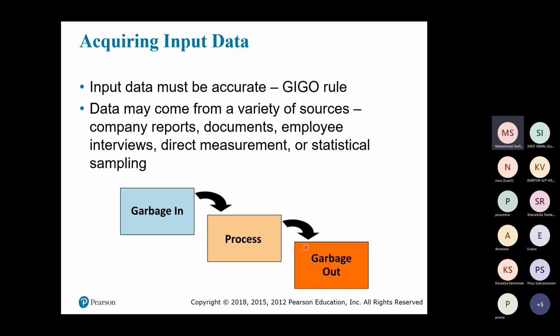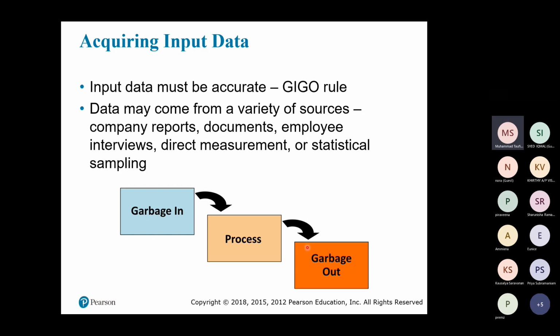If your input data is good, the chance of good output data is very high. But if your input data is not good, your output data will also not be good.